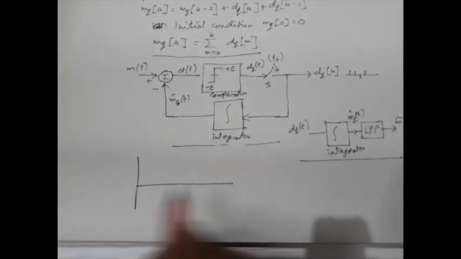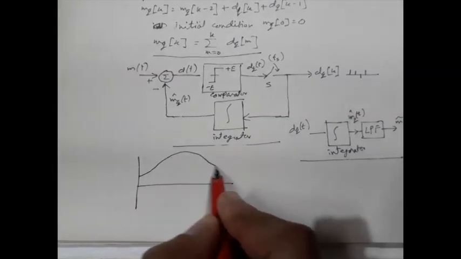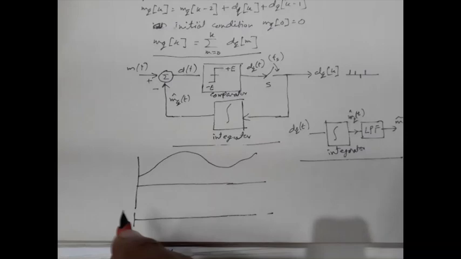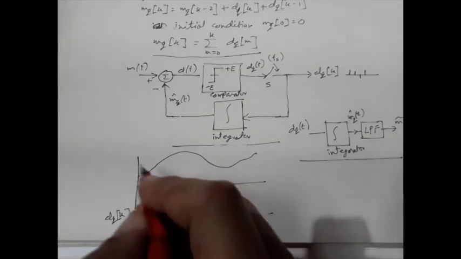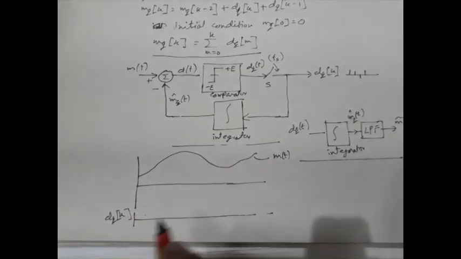Say this is our signal, any arbitrary signal, something like this, and here we will plot D. So this one is M. So what happens?